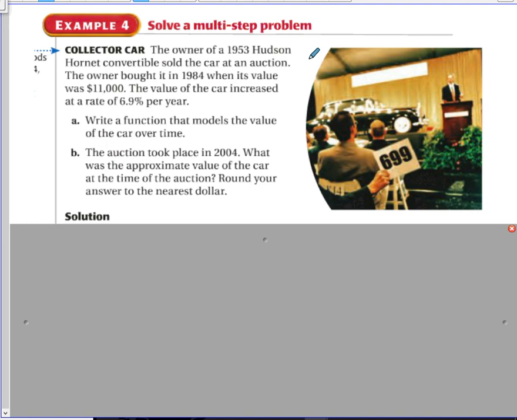So we're just going to look at our A part first. We're going to write a function that models the value of the car over time. So remember again that I have the formula y equals a times 1 plus r to the t power.